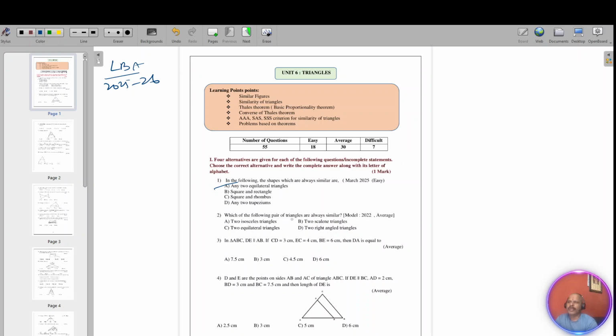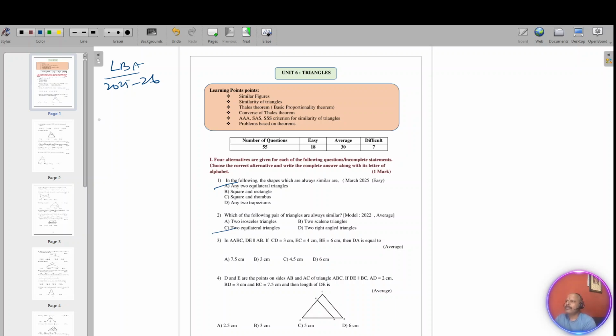So which of the following pairs of triangles are always similar? Same question, but in the first question four-sided figures are also included, but here only triangles are given. Here also the option is two equilateral triangles are always similar.